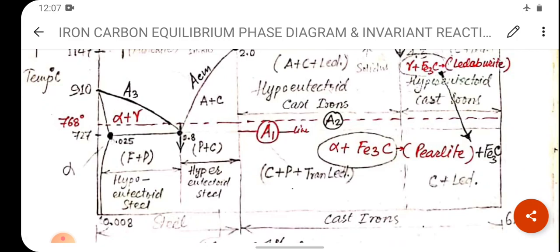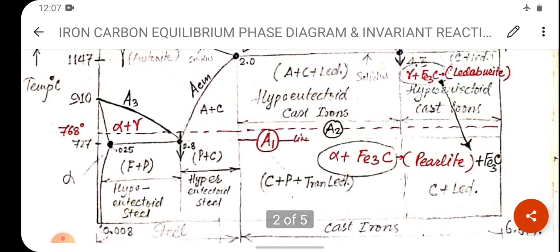So from 0.008% up to 2% of carbon, it will give you steel. So you can say that when the percentage of carbon is up to 2%, this is the steel.